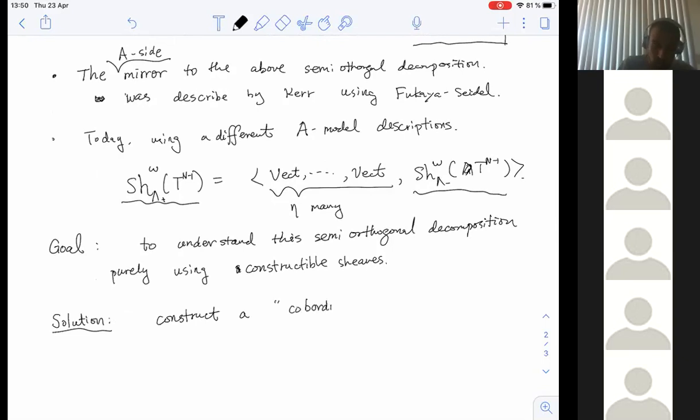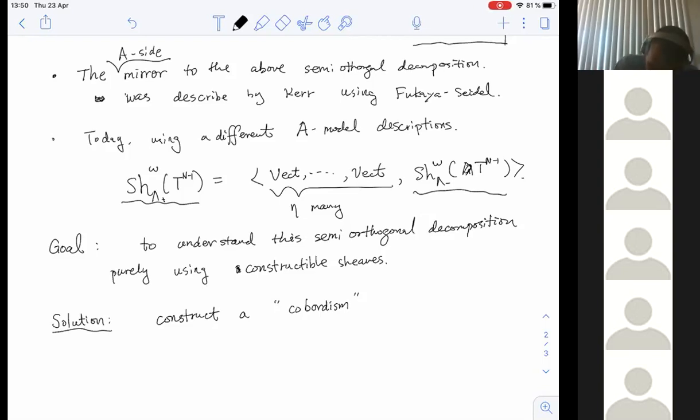So the constructible sheaf is on lambda plus minus, or on the x plus minus? The constructible sheaf is on the torus, on T^{n-1}. Okay. And it has a certain singular support condition determined by the skeleton lambda.